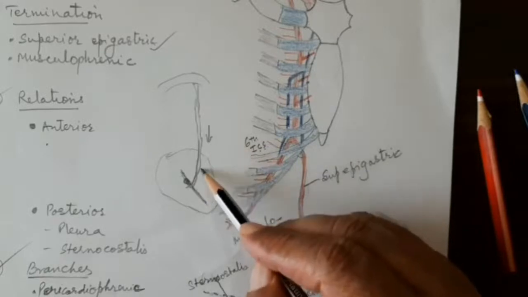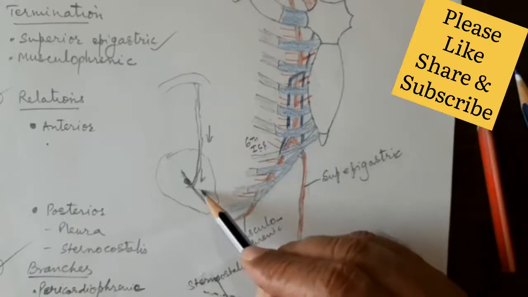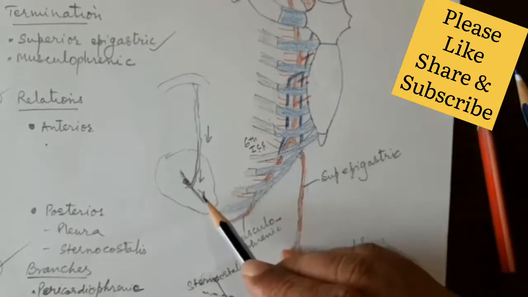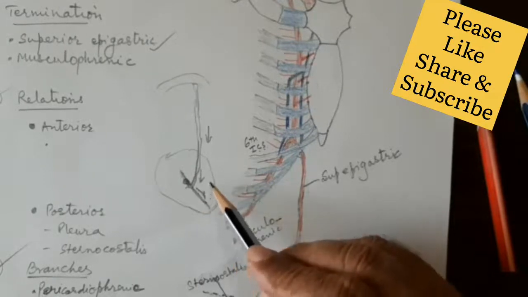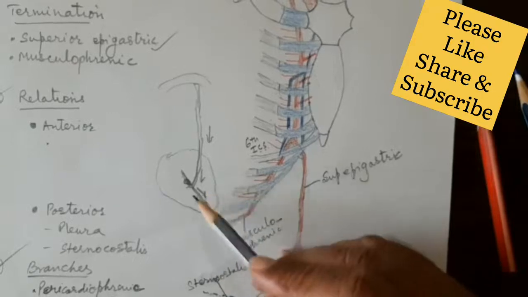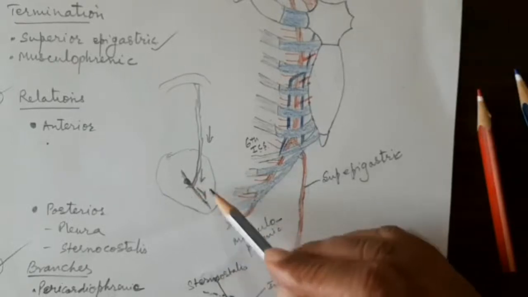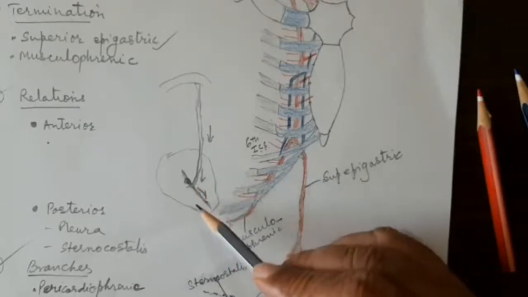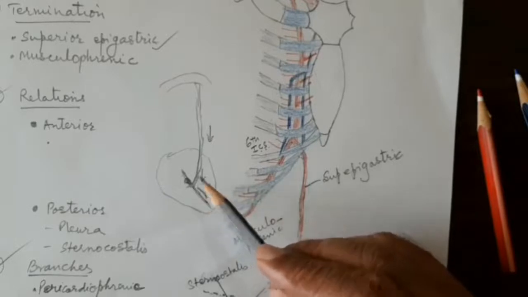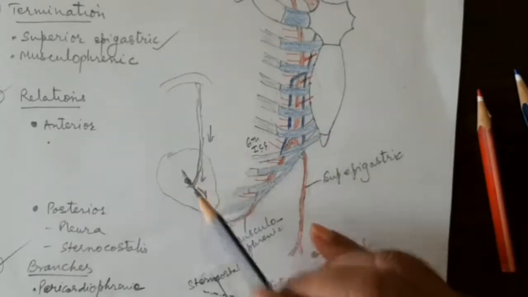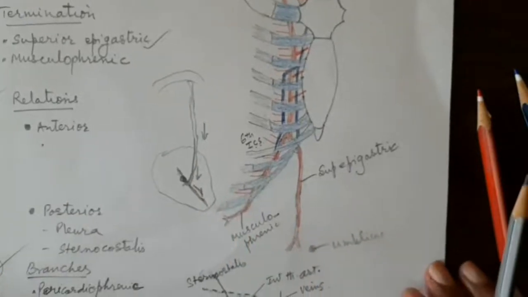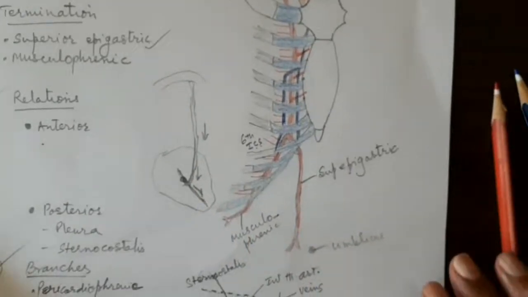So now the blood will pass from this artery, the internal thoracic artery, into the coronary artery, so that the myocardial infarct, which in layman's terms is called a heart attack, is prevented. Thus, the internal thoracic artery is the artery of choice for the coronary bypass. Why is it the artery of choice?